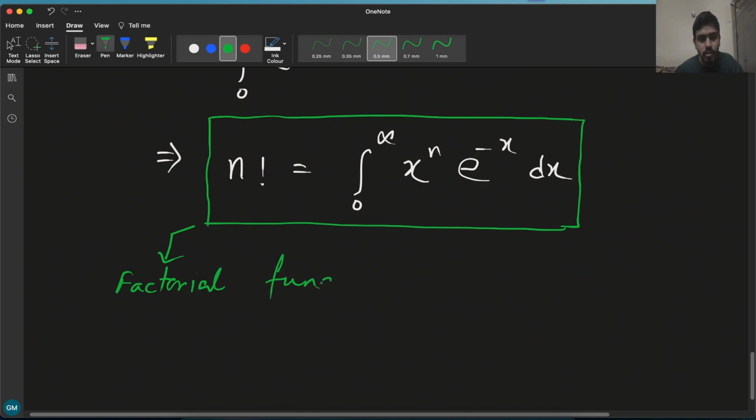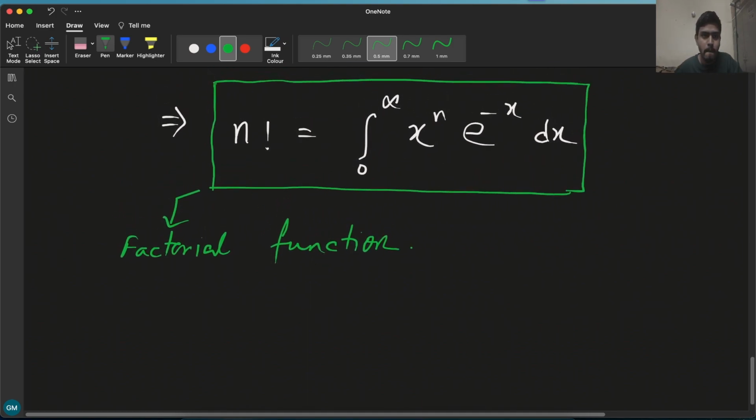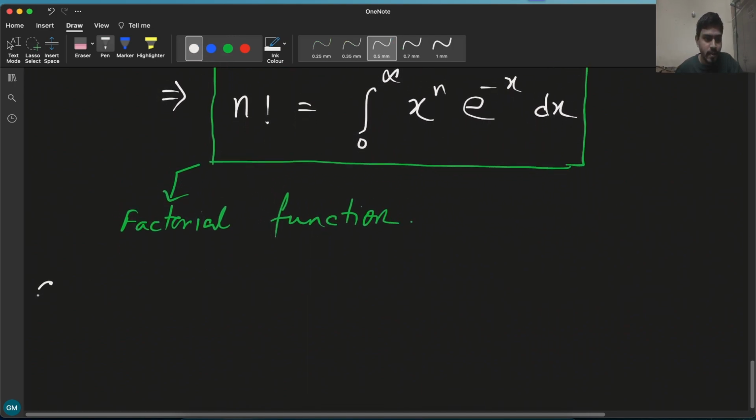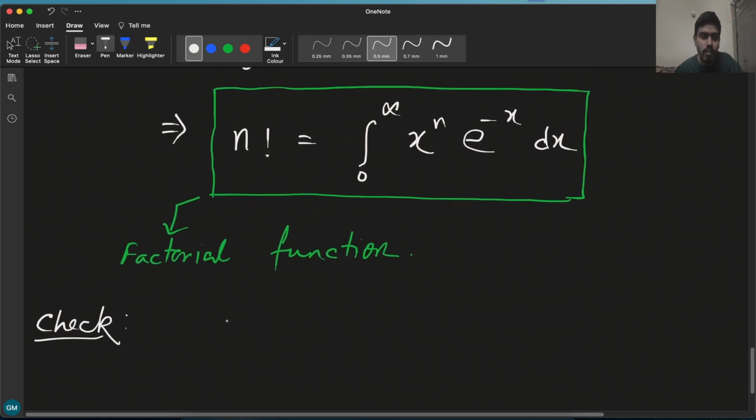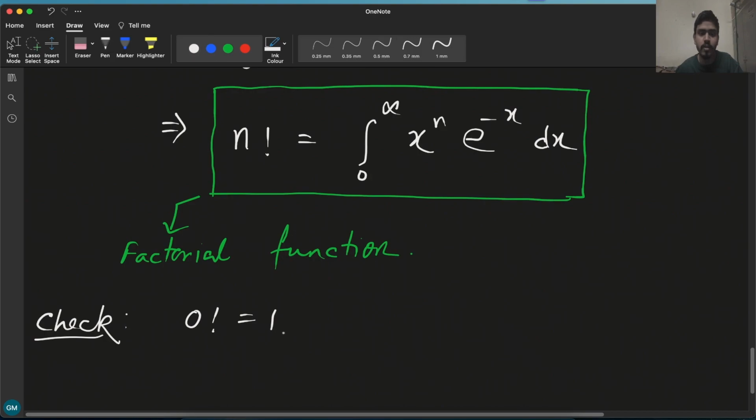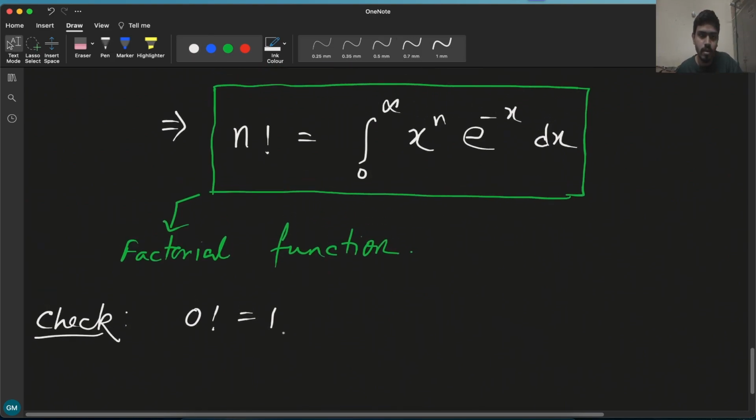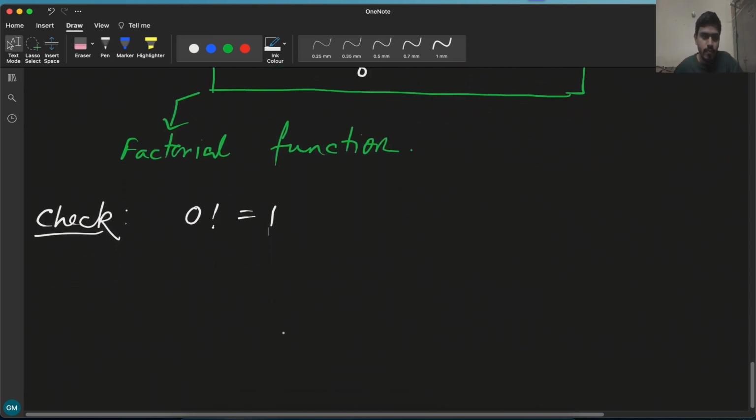You can check, following this factorial function, that 0 factorial will be 1. That you can take as a homework.